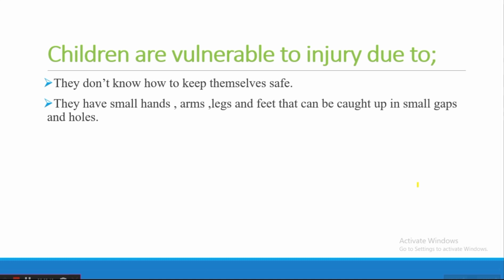And then they have small hands, legs, arms, and feet that can be caught up in small gaps and holes. You may find a small hole in a bungalow, in a home, and the kid has squeezed his head inside there because the head is small. And then their skin is thin and thus easily bruised.